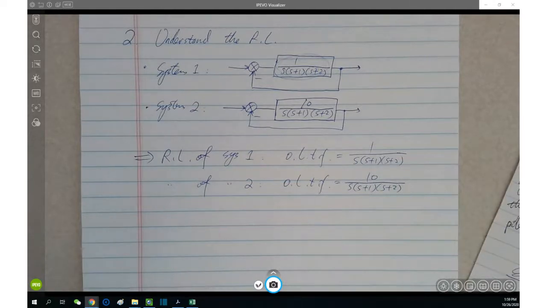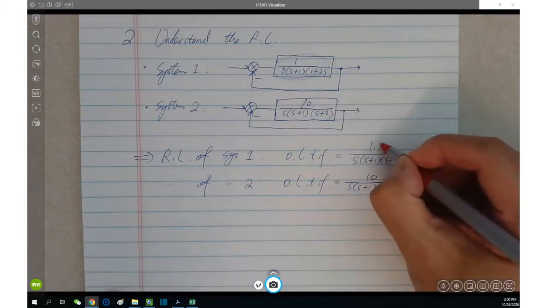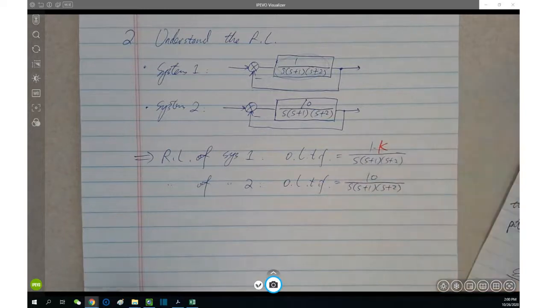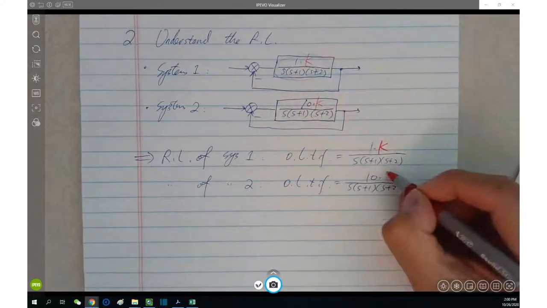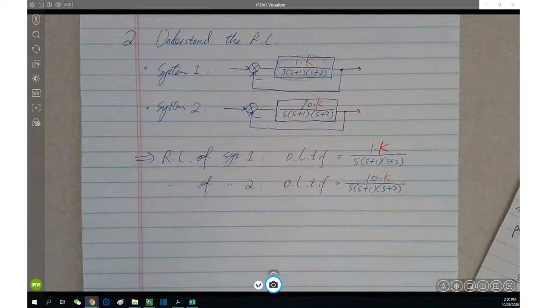The tricky thing is here. If we plot the closed loop transfer function poles, which is the root locus, we're going to introduce gain here, in other words, introduce gain here, resulting in k here. And we vary k from 0 to infinity.